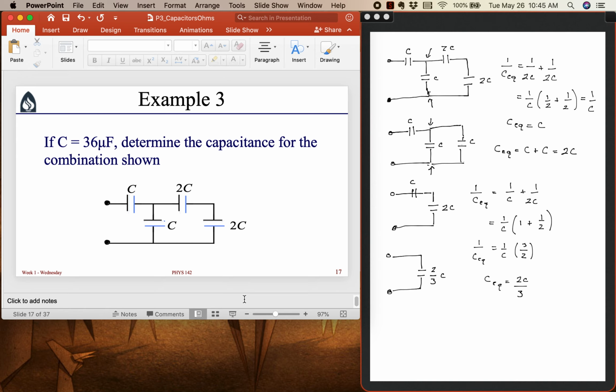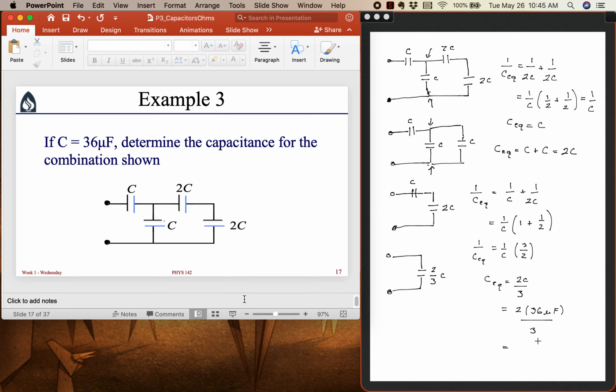All right, so if we want to know a number for this equivalent capacitance, because we know that C is 36 microfarads, then we can take 2 times 36 microfarads and divide it by 3.